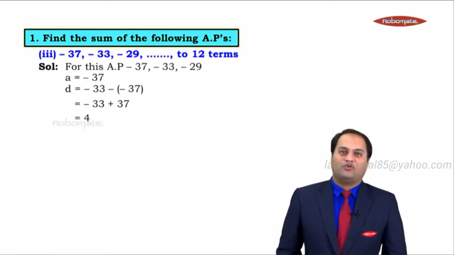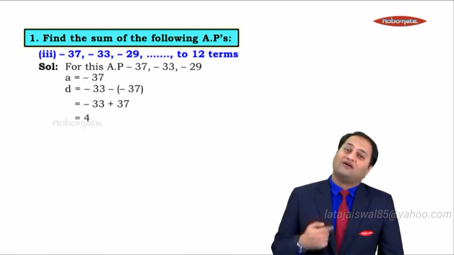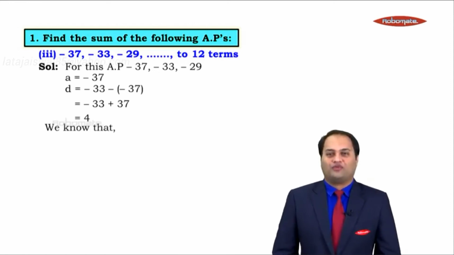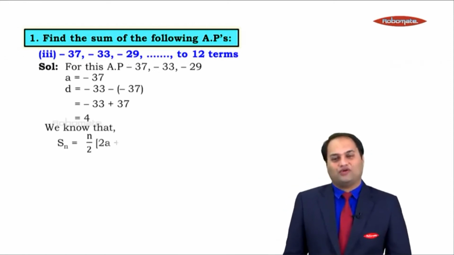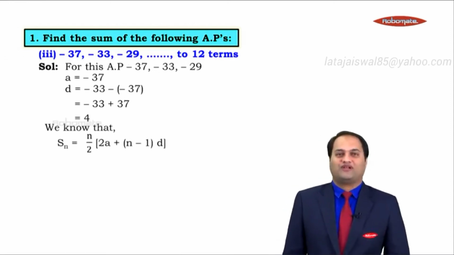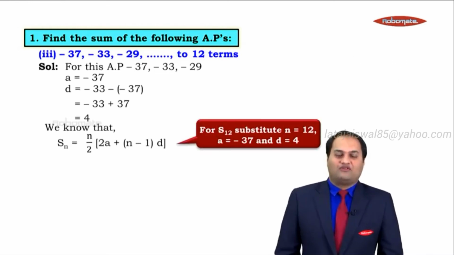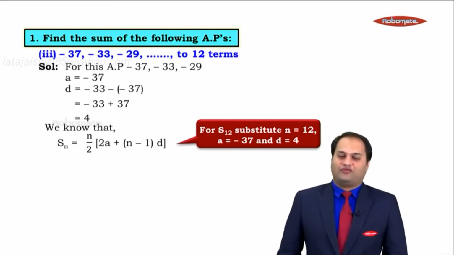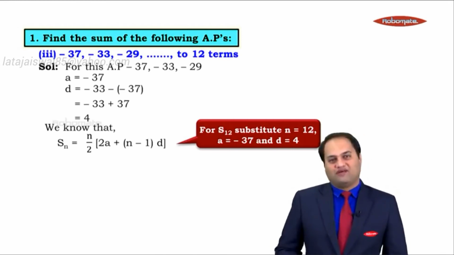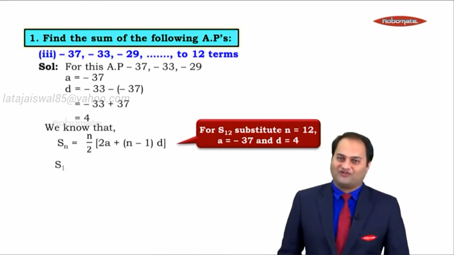We know d, we know a, we should use the first formula. The first formula is Sn is equal to n upon 2 into 2a plus n minus 1 into d. For S12, we need to substitute n is equal to 12, a is equal to minus 37 and d is equal to 4. So let's do it.